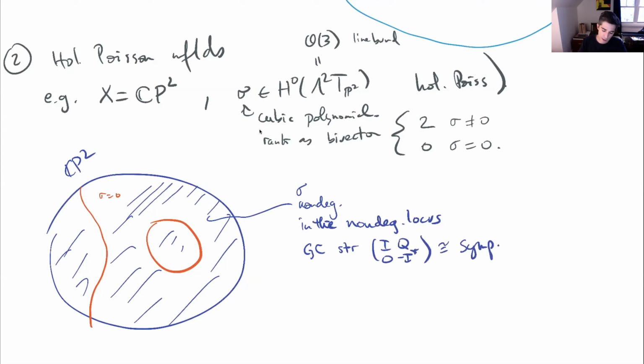But then here on this degeneracy locus, the GC structure is just I, 0, 0, minus I star, because Q is equal to 0. And so it is of complex type.